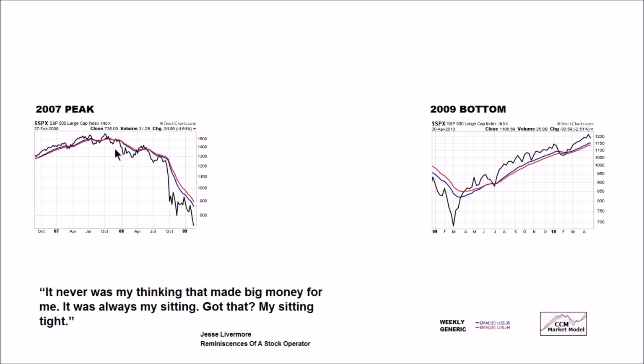How important or how helpful can it be to avoid or mitigate these gigantic drawdowns that inevitably occur in a bear market? And it's not a question of if another bear market is coming, it's simply a question of when.